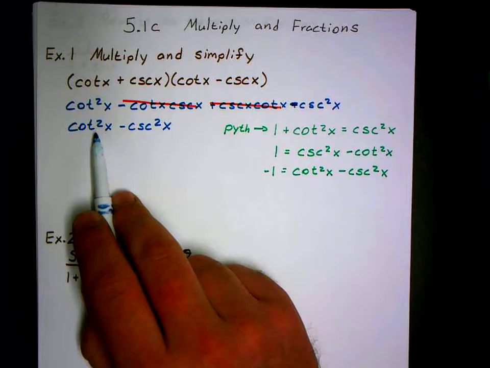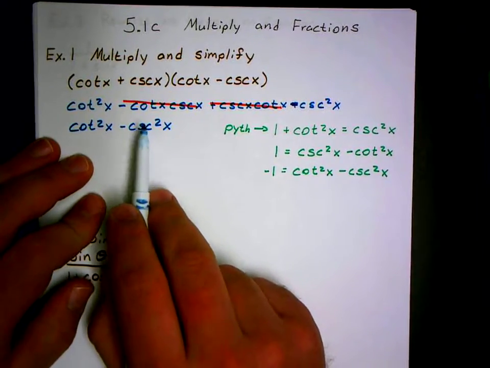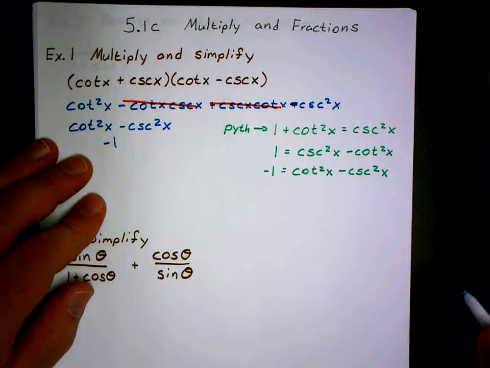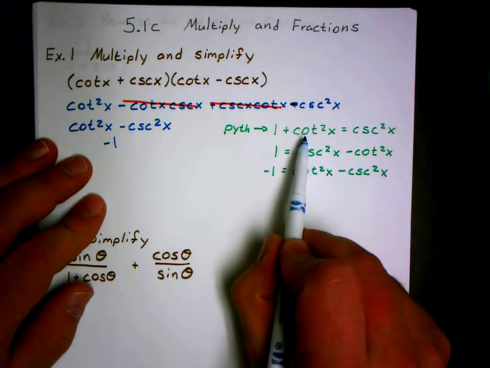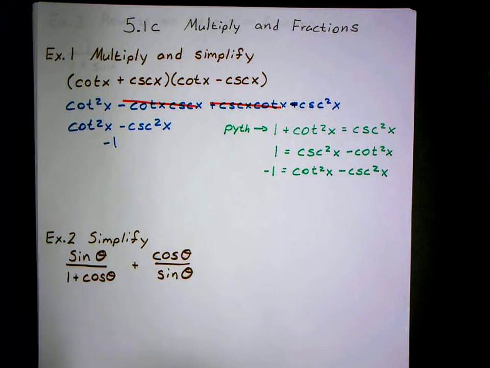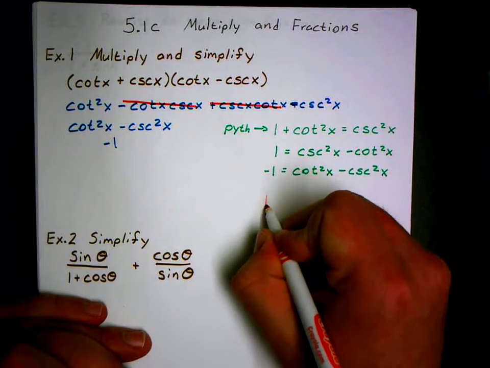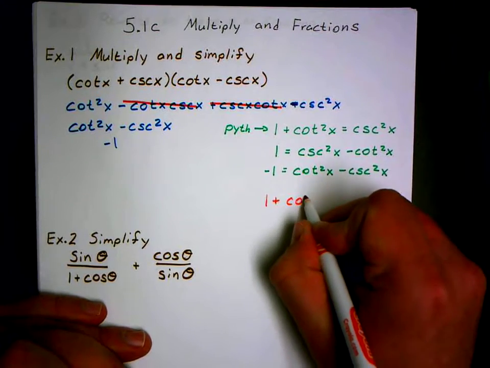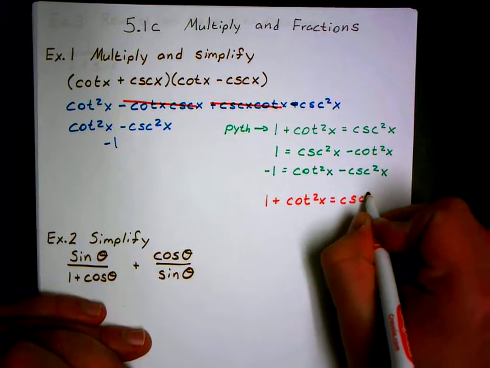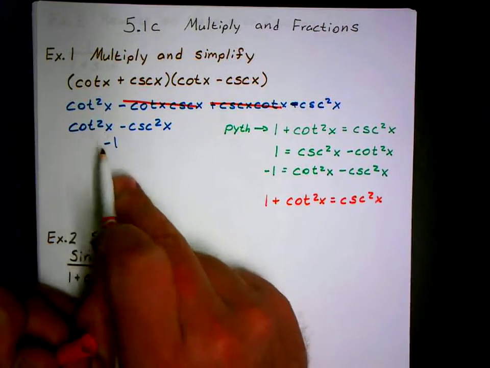Another way you can do this is I would still suggest using a Pythagorean. But take this and say, okay, well, I know that. So here's an alternate way. Okay, I have cotangent squared in here.